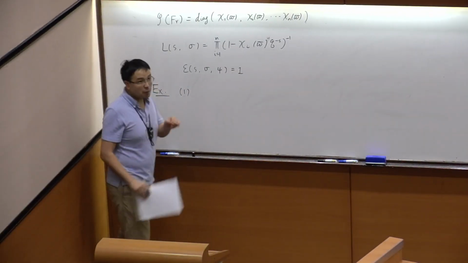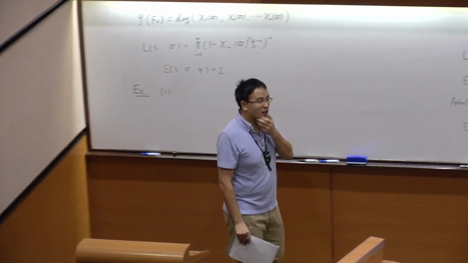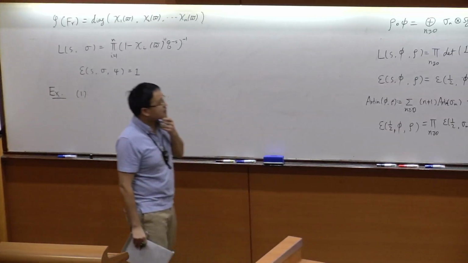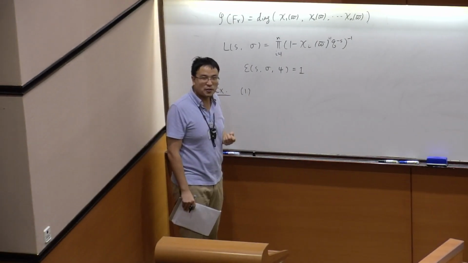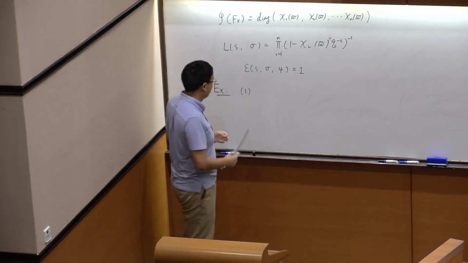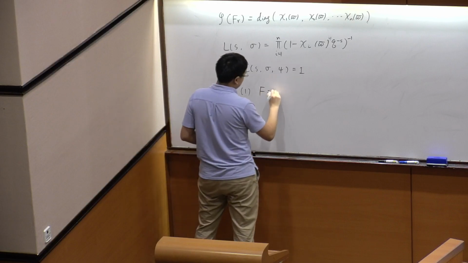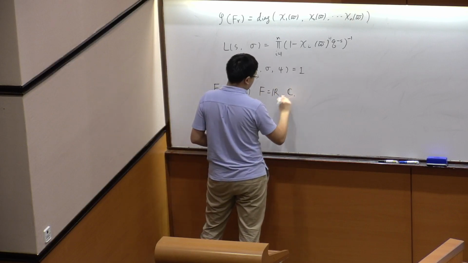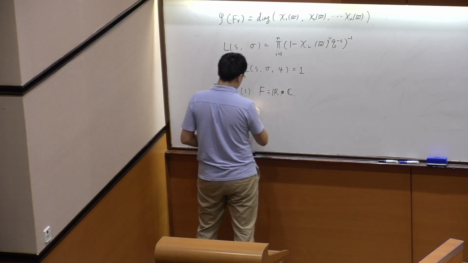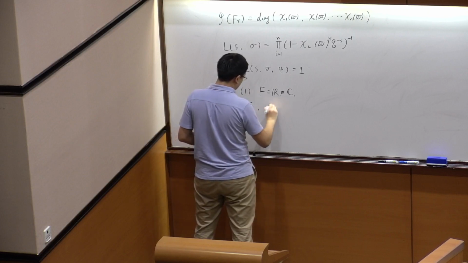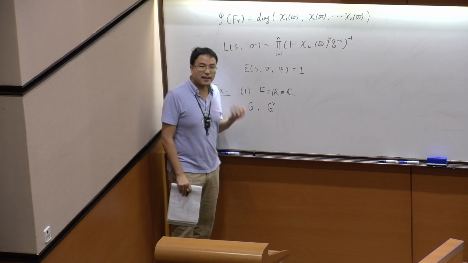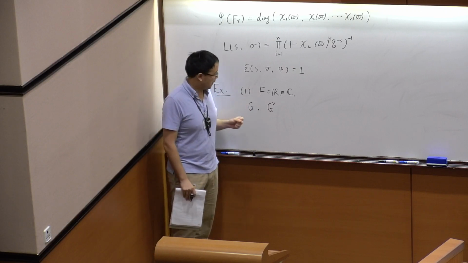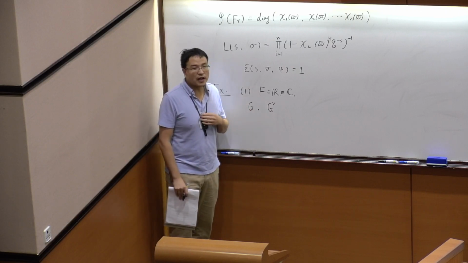So I have two simple exercises. The first is over the Archimedean case. You can pick your favorite group and also your favorite representations over the complex Weil group. Okay. So I will take a connected split reductive group, and you can check for the classical groups.